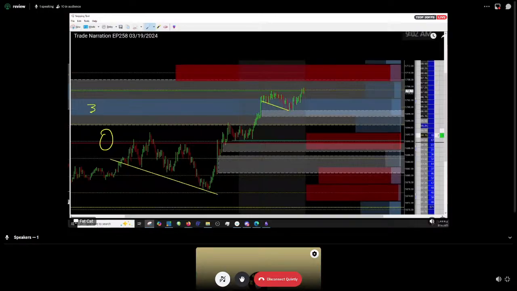30-minute breakout. It's good to actually keep rewriting and writing on these charts. We have the pattern 1 and 2 repeating, because when you write it, it's ingraining it in the mind.